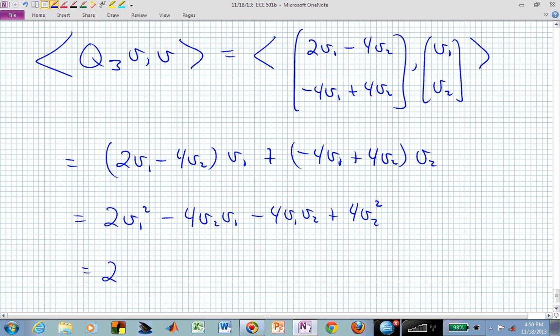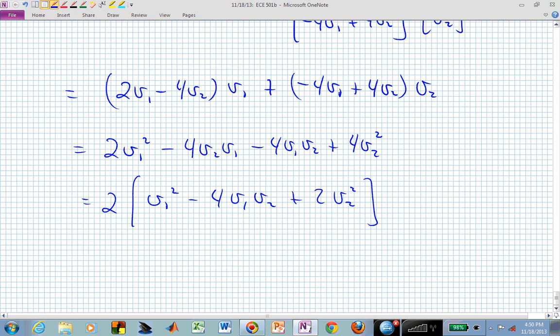We can factor out the 2 again, and we have v1 squared minus 4 v1 v2 plus 2 v sub 2 squared. If we complete the square in the first two terms, we have v1 minus 2 v2 squared.